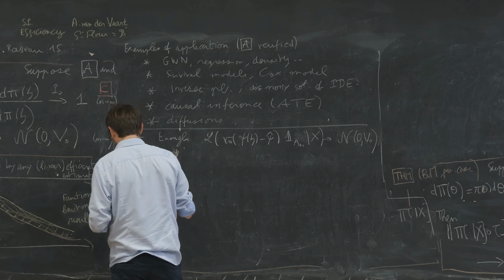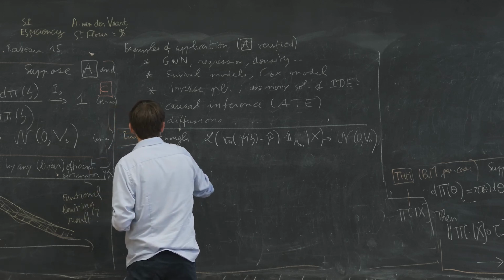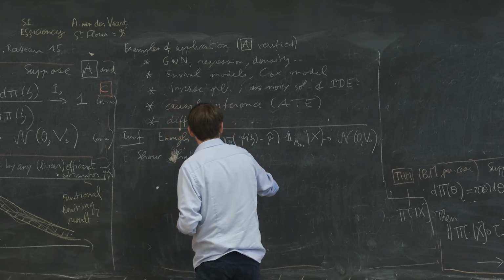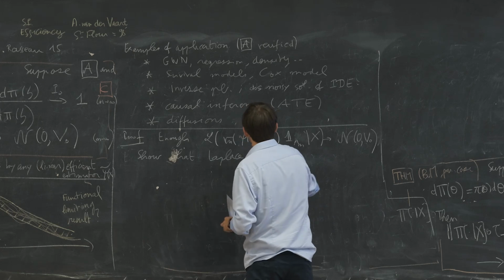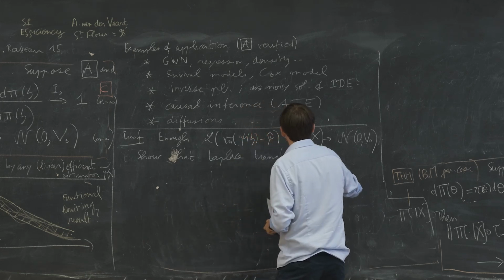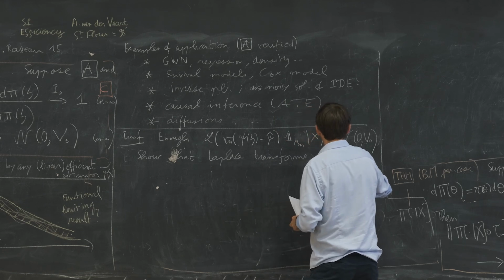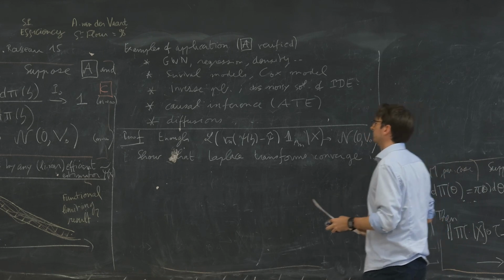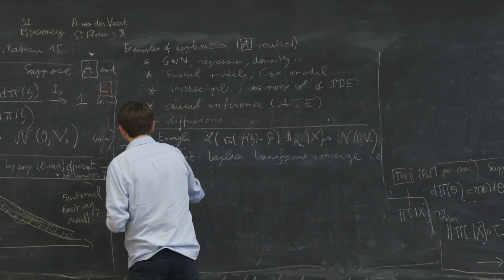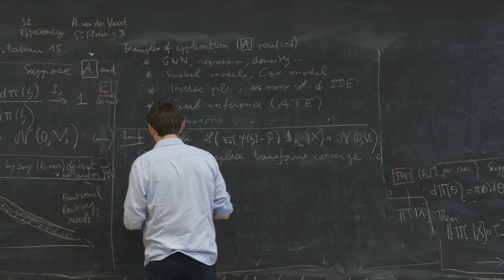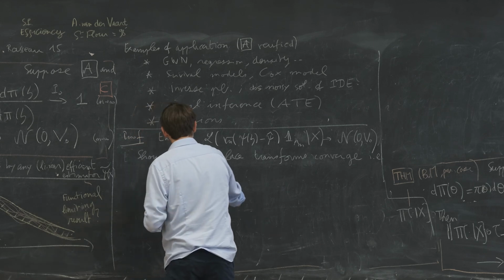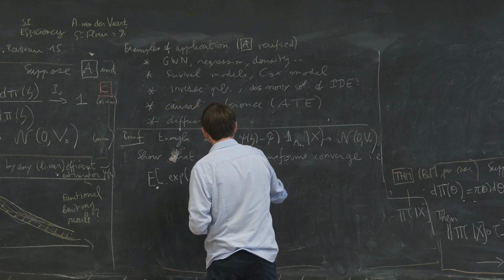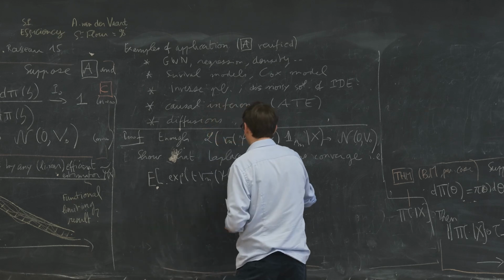And the way we do this is that we show that Laplace transforms converge, because that's enough for convergence of distributions. So we'll show that e to the exponential, t square root n, where t is just a variable in the Laplace transform, psi eta minus psi hat.